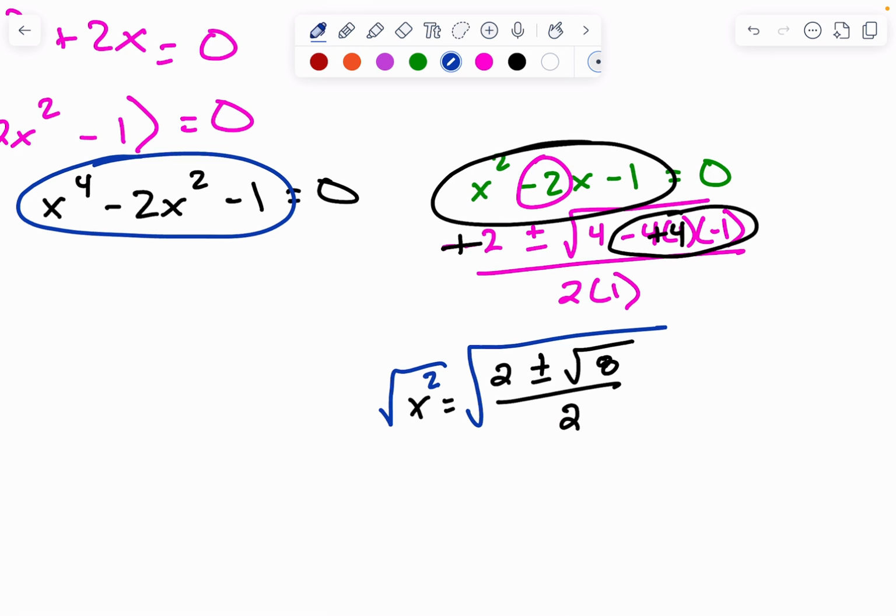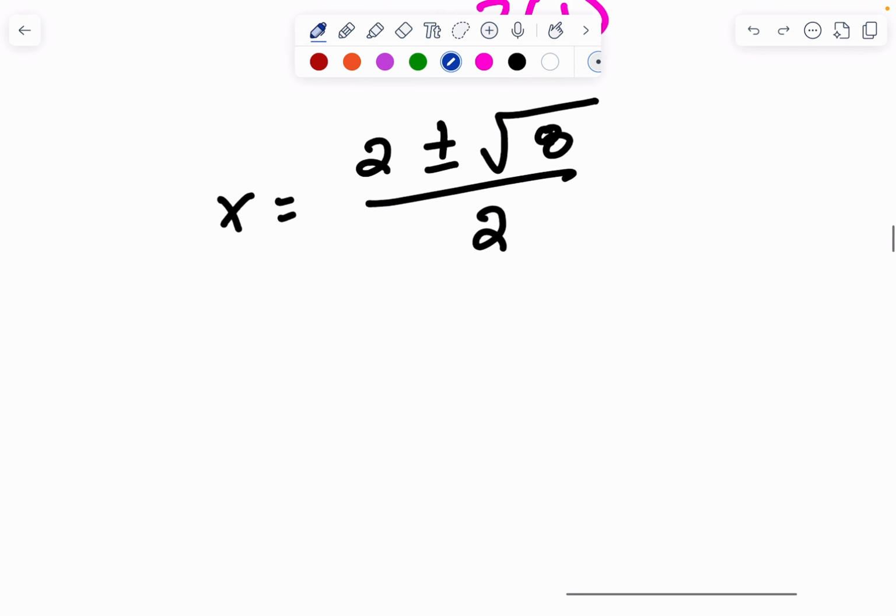Let me convert this to a decimal so that you can see this really quick. x squared will be equal to that. Let's do these as decimals. x squared is equal to 2 plus and minus the square root of 8 over 2. Plus the square root of 8 divided by 2 is 2.41, okay?